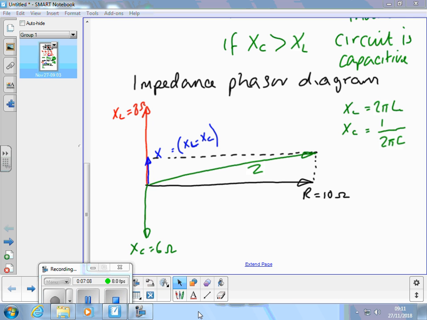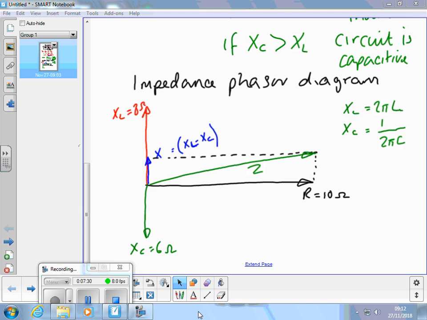If we change it enough for XC to become greater than XL, that resultant phasor will move down below the line. We'll have a circuit that's overall capacitive. And think back to your filters. That's the action the filter's trying to use to either accept or reject particular frequencies.